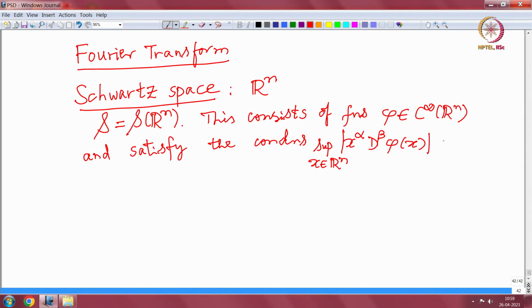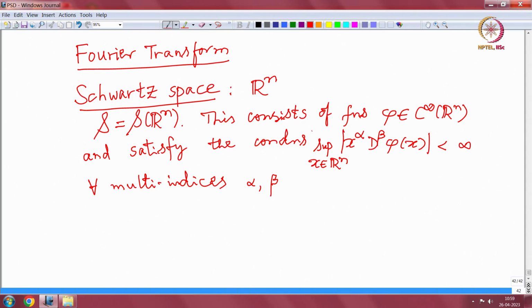Okay, so these should be finite for all multi indices alpha, beta.